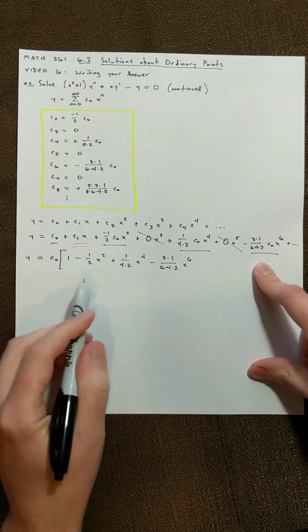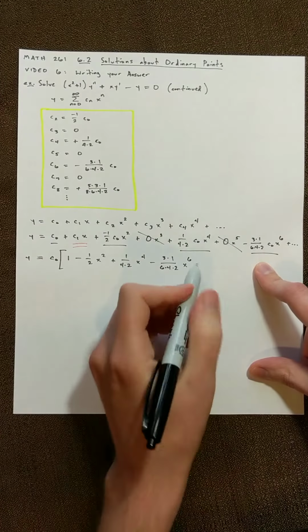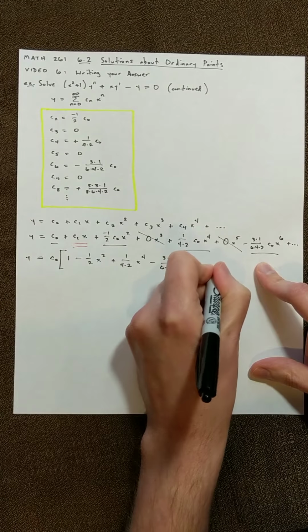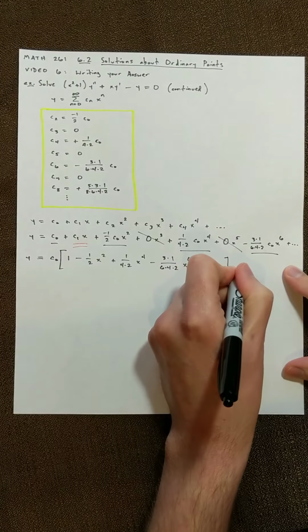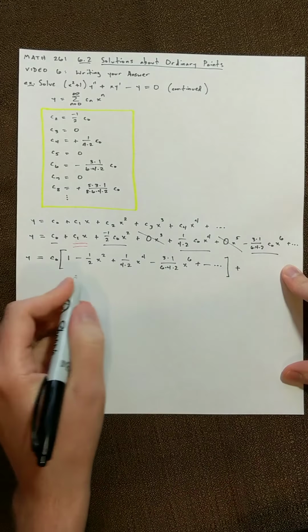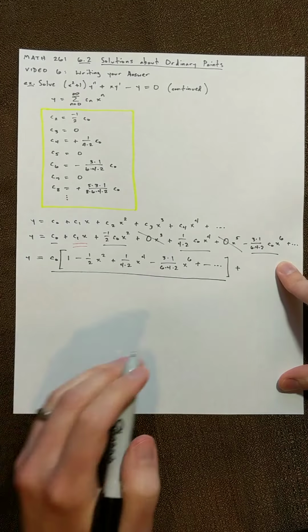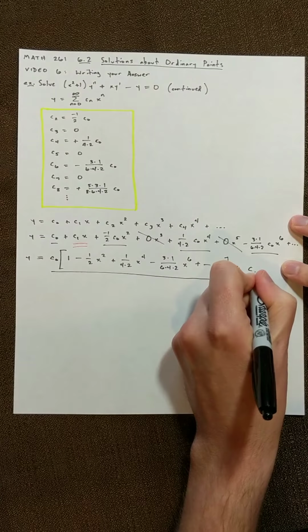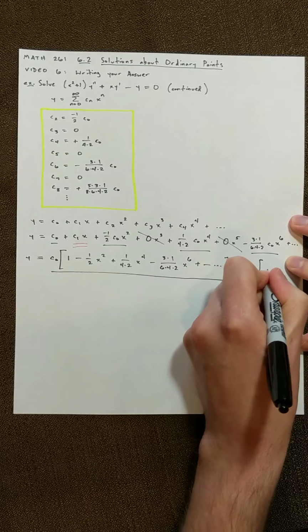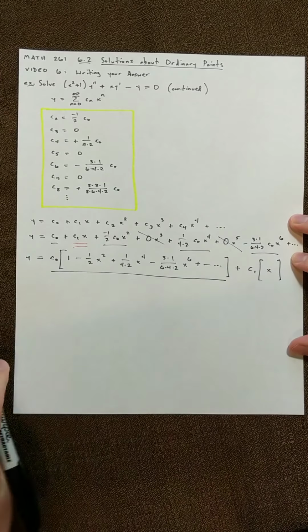And we said it's an alternating sign, so plus, minus, and then plus, minus, dot dot dot. And so that's all the C0 terms. And then we have plus our C1 terms, and there's really only one C1 term, which is C1 times x.